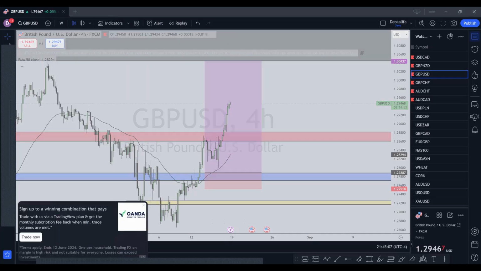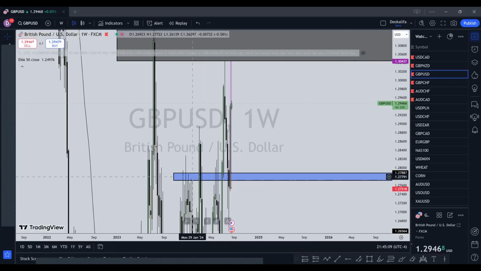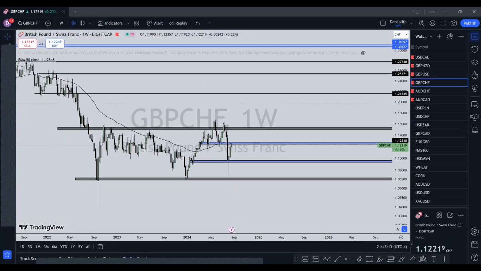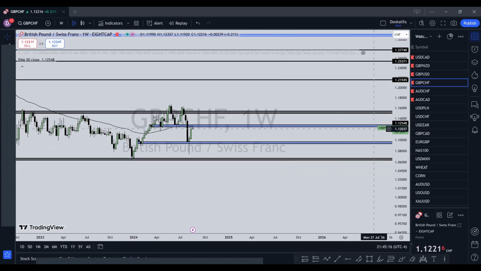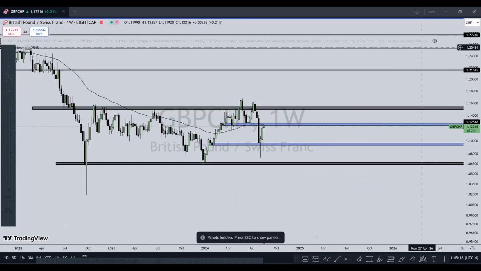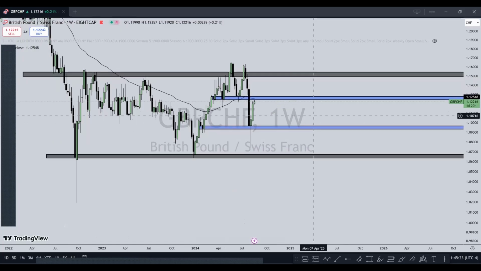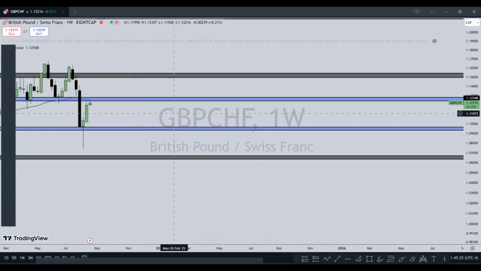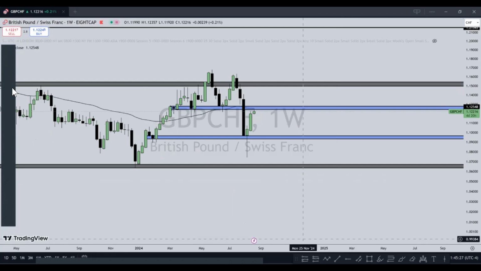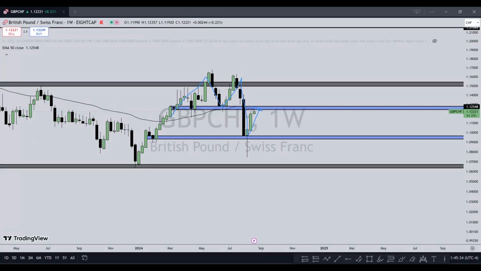The first one will be GBP CHF, and this is the 4-hour time frame. This is the weekly. And if you look very well, you can see that we are making contact with the 50 EMA on the weekly time frame.